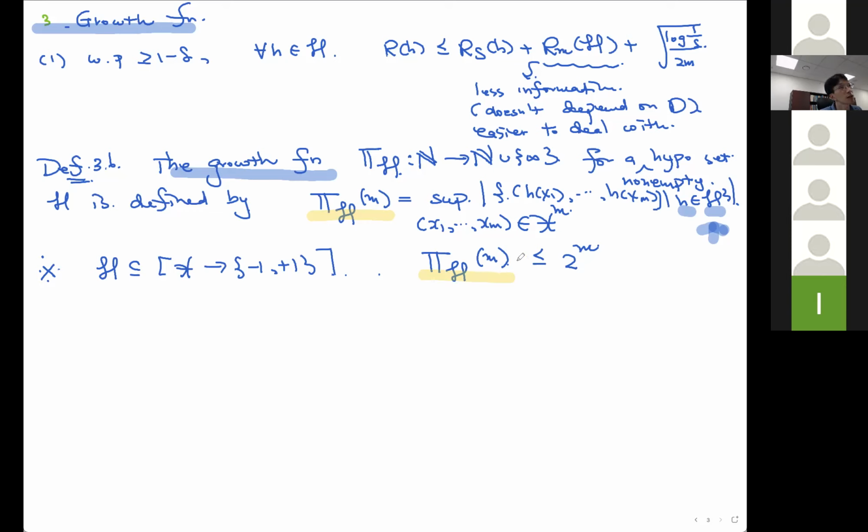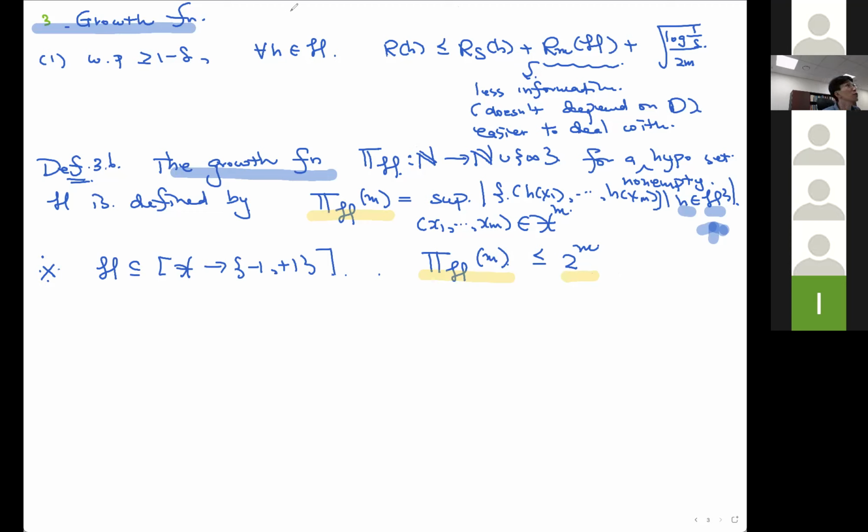If our hypothesis set is not very rich, at a certain point we start to deviate, where we get smaller than this exponential function 2 to the m. By looking at this deviation pattern, we can get an idea of how complex, how rich our hypothesis set is.